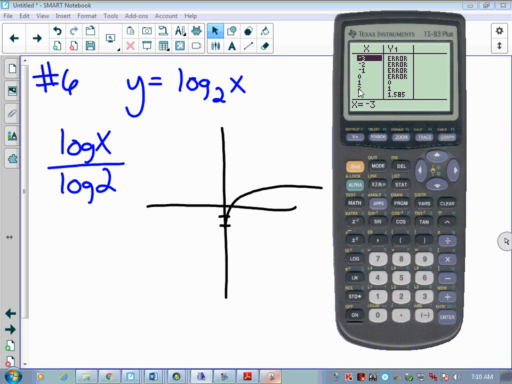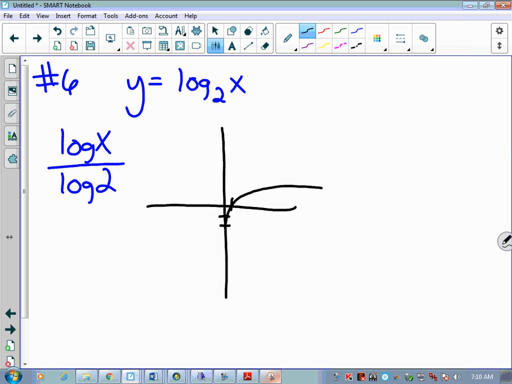We're going to include at least the first couple points. So it does cross exactly 1, so we got X, Y, we got 1, 0.